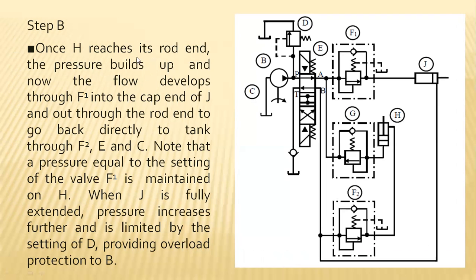Once H reaches its rod end, it has been extended. This is the piston end, this is the rod end. So the extension position has been completed on the rod end. The pressure builds up, and now the flow goes through F1. After completing the extension, there is no movement being created to extend here, so it obstructs.